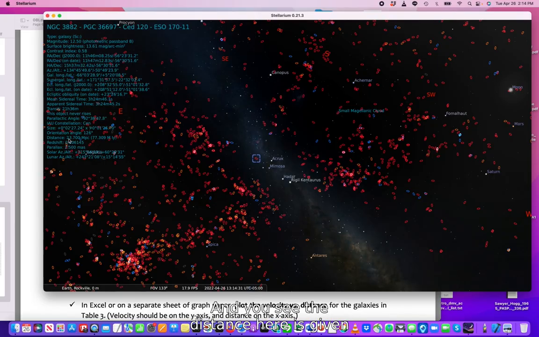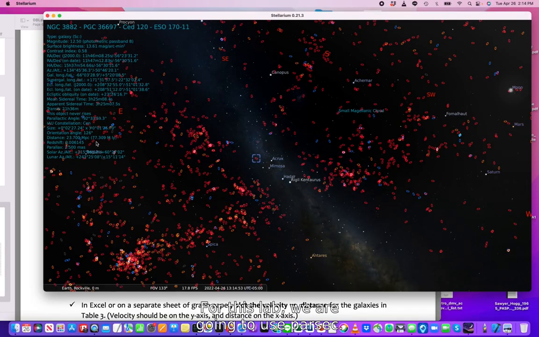And you see the distance here is given either in parsec, megaparsec, or mega light year. All right, so you see it's either 23.7 megaparsec or 77.3 mega light year.